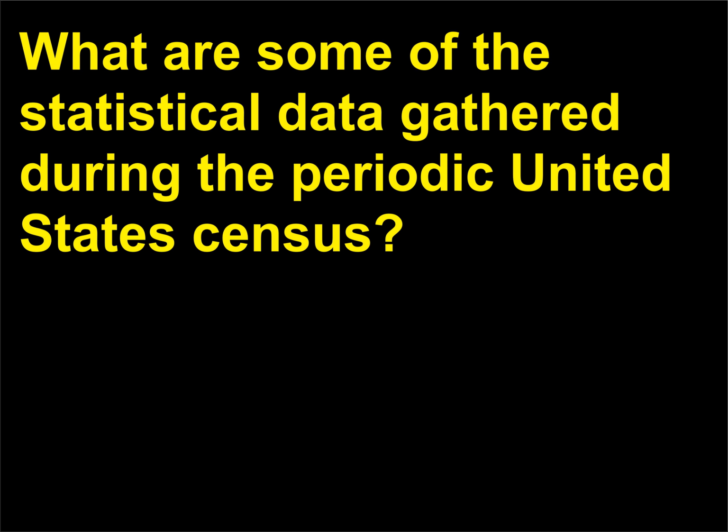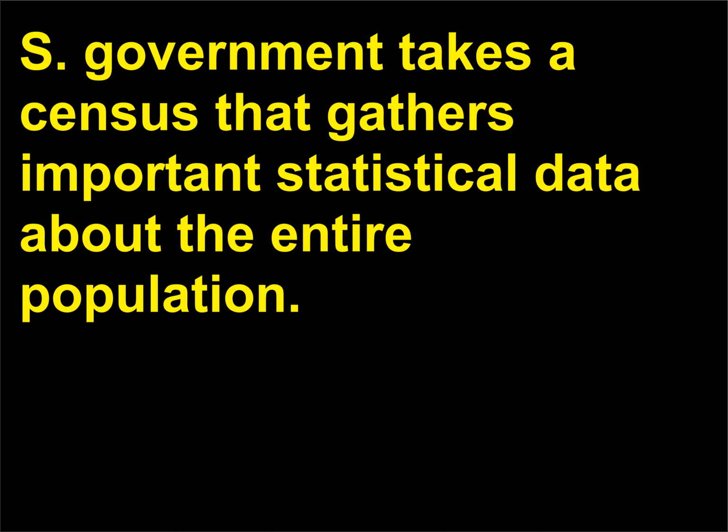What are some of the statistical data gathered during the periodic United States Census? Every 10 years, the U.S. government takes a census that gathers important statistical data about the entire population.